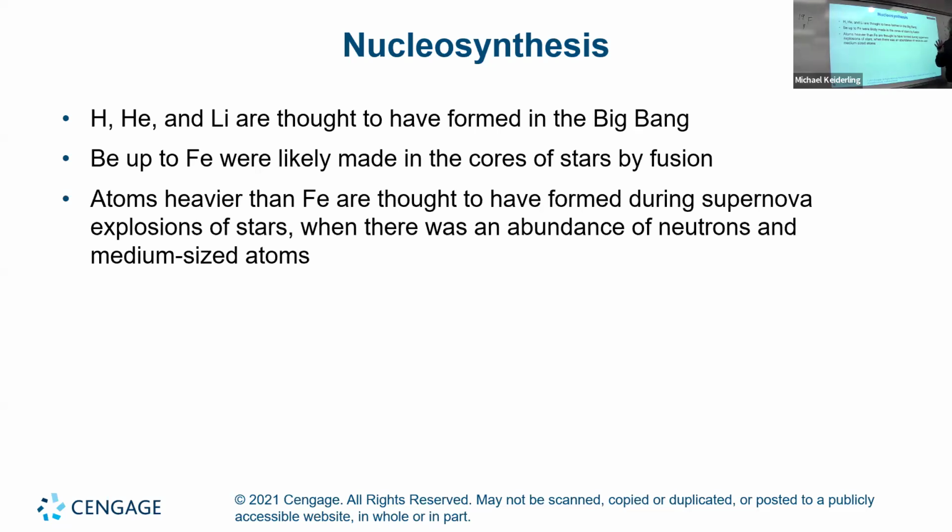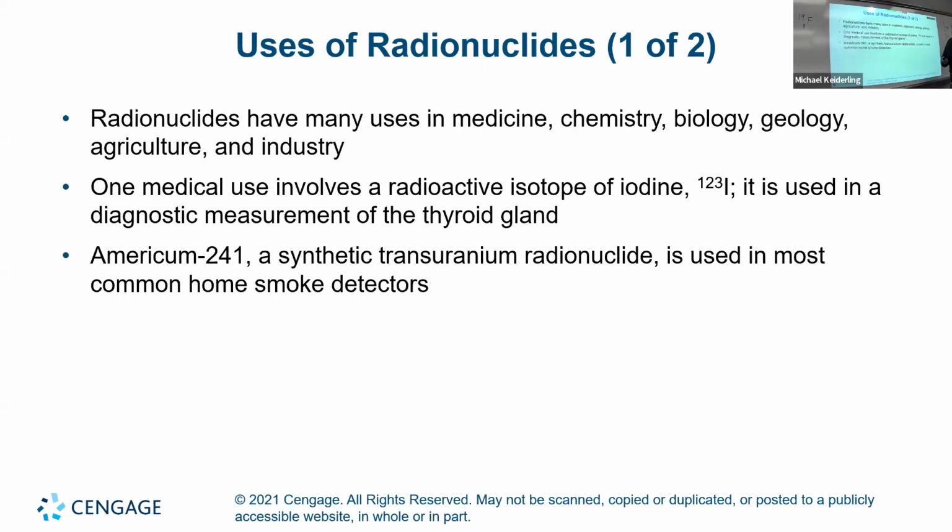Beryllium and boron are a little harder to make. And atoms heavier than iron are thought to be formed during supernova explosions of stars, where there's an abundance of neutrons and medium-sized atoms. There's all that energy that can cause things to get bigger. You get energy out with fusion up to iron. Past iron, you don't, so those don't happen on their own. You need to have energy from somewhere else.